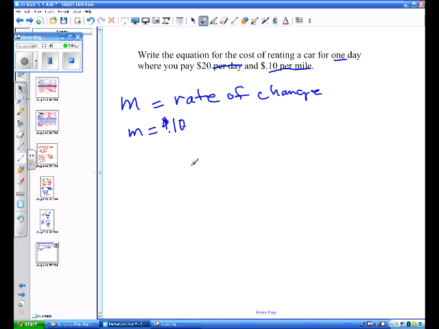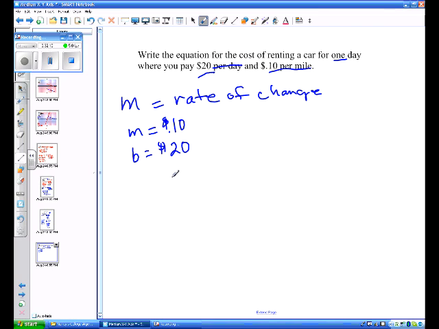We said that was the beginning. You're going to pay $20 for this car for that day, whether you drive it any or not. So you might rent it, drive it 1 mile, and then you don't drive it anymore. You're still going to pay that $20. And so our intercept, our beginning, is the $20.